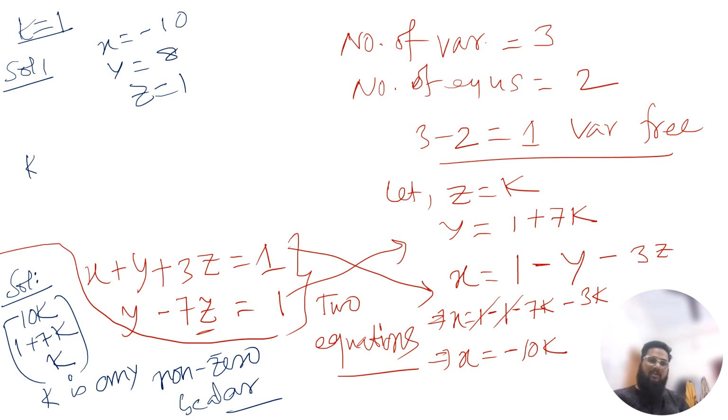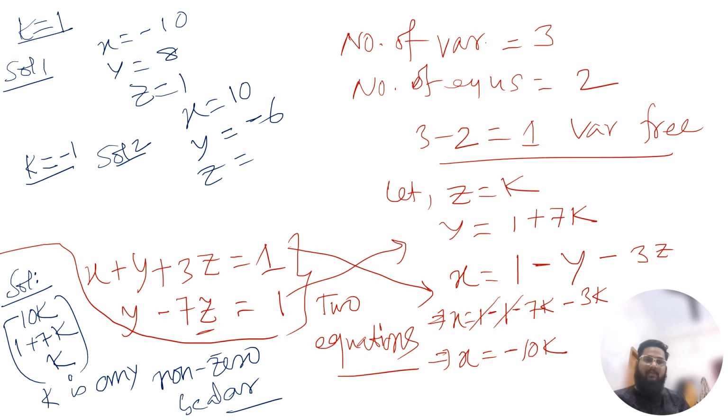Now if you put k equal to minus 1 or k equal to 2, you can also take. So the solution 2 set will be x equal to positive 10, y equal to 1 minus 7 which is minus 6, z equal to minus 1. So you see this is a different solution. If you put k equal to 2 you will get different values, 20, 15, 2.